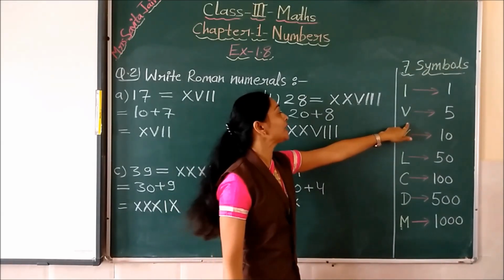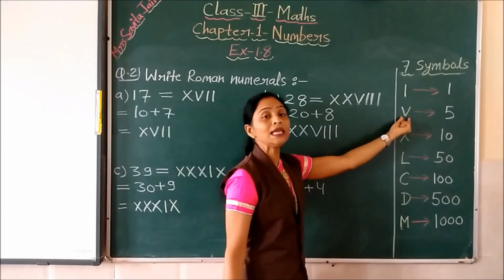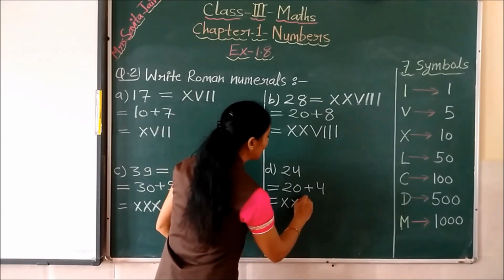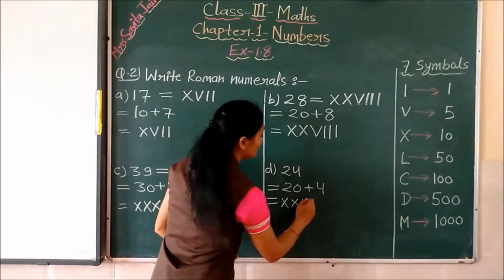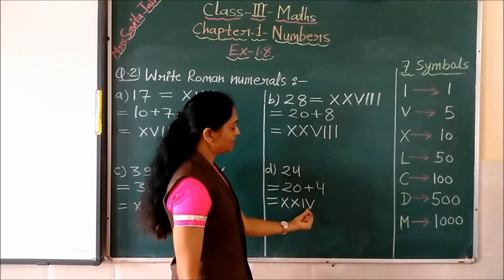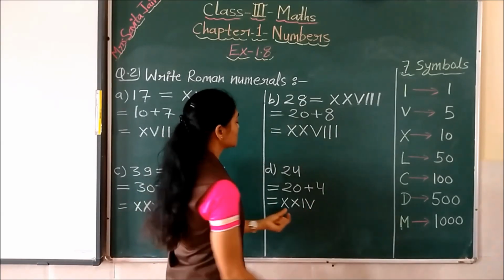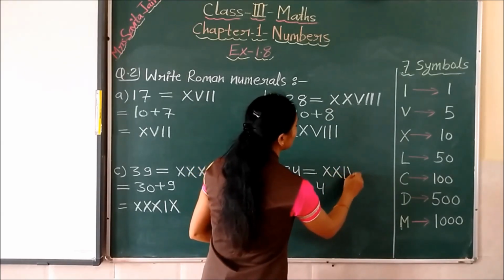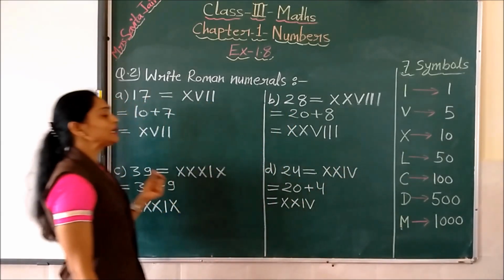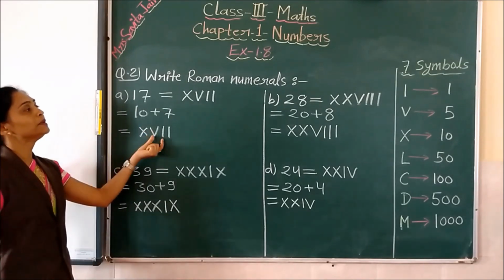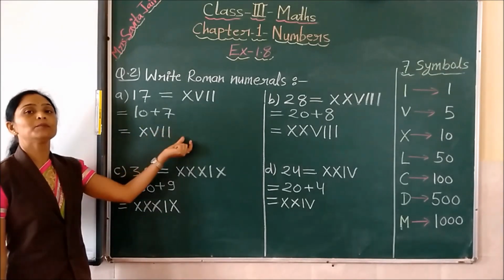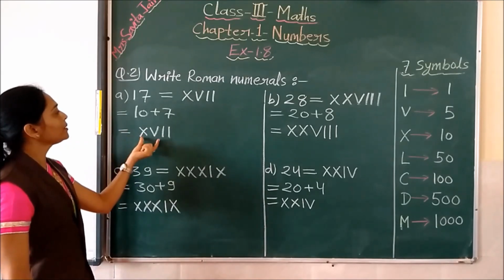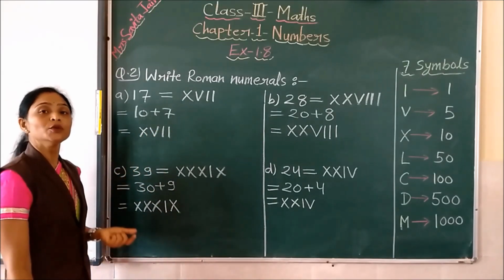So 5 can be written as V and then minus 1 means before that we have to place I. So I V. 5 minus 1, 4. So this is 24. X, X, I, V. So this way you may write the Roman numbers for any Hindu-Arabic number. Yes children, we may get any Hindu-Arabic number as Roman numerals.